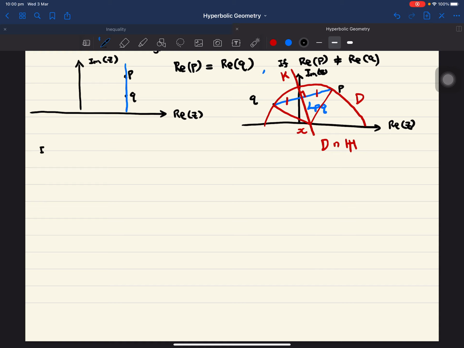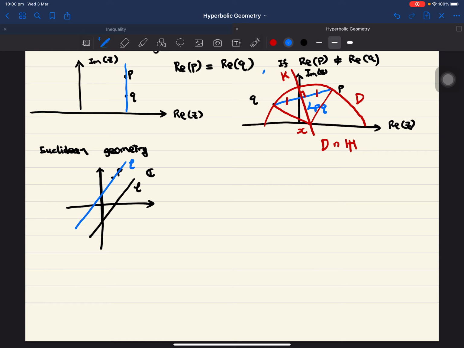For example, in Euclidean geometry on the complex plane, if given a Euclidean line L and a point P, there exists a unique Euclidean line, let's call it L prime, that passes through P and is parallel to L.